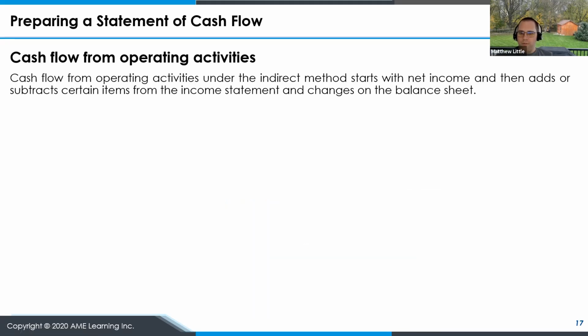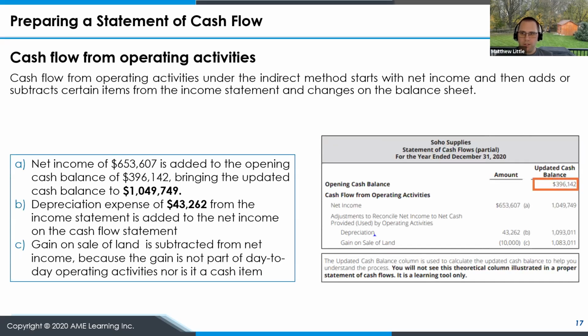The cash flow from operating activities under the indirect method always starts with net income and then adds or subtracts certain items from the income statement and some changes on the balance sheet. So, as we just mentioned, we add the net income of $653,607. If that was the only thing that happened all year, we would have ended with cash of $1,049,749. And you would go through the other two items.